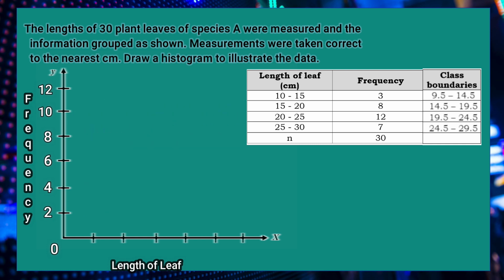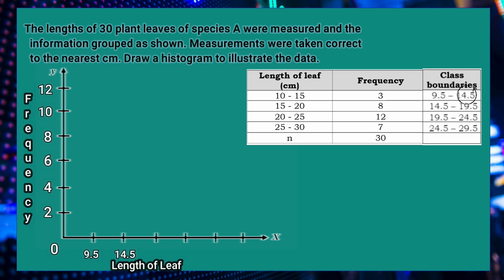Now we'll do this for the rest of the remaining classes as you see here in this table. Now that we have the class boundaries, we can label the x-axis. We can start by marking the value of the lower class boundary of class 1 somewhere to the right of our 0. So 9.5 here, and then the upper class value of 14.5 off to the right. Next, we need to mark the class boundaries for class 2 on the x-axis.